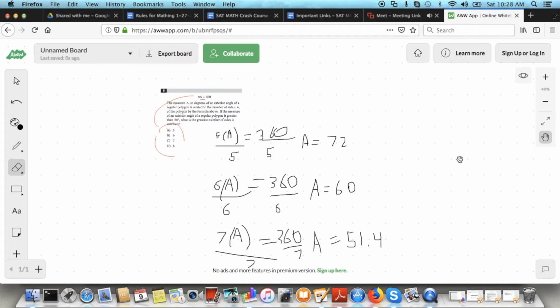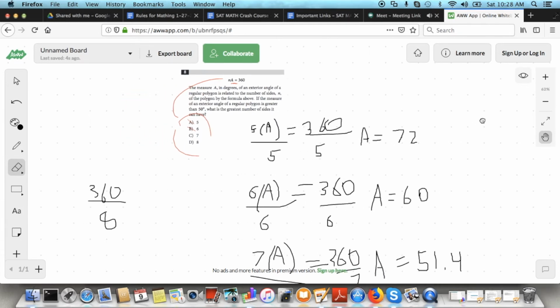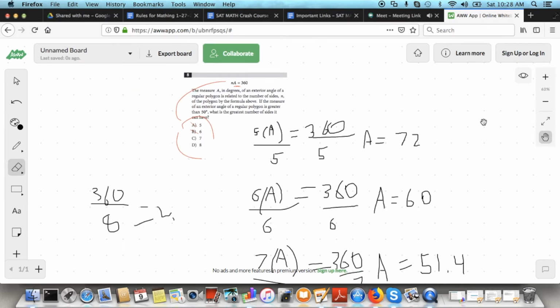So C is a possible answer choice here, right? Okay, but we can eliminate B because B is not the biggest. Lastly, let's try 8. And let's just do this real fast, right? We see the operation now, right? We just divide 360 by the number of sides. So let's divide 360 by 8, see what we get. Yeah, so it's less than 50. Okay, it's less than 50, so we know D is gone.